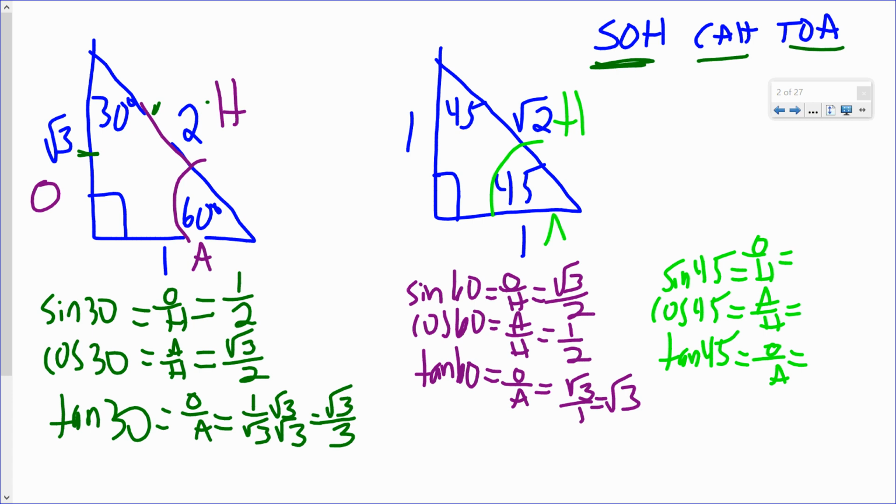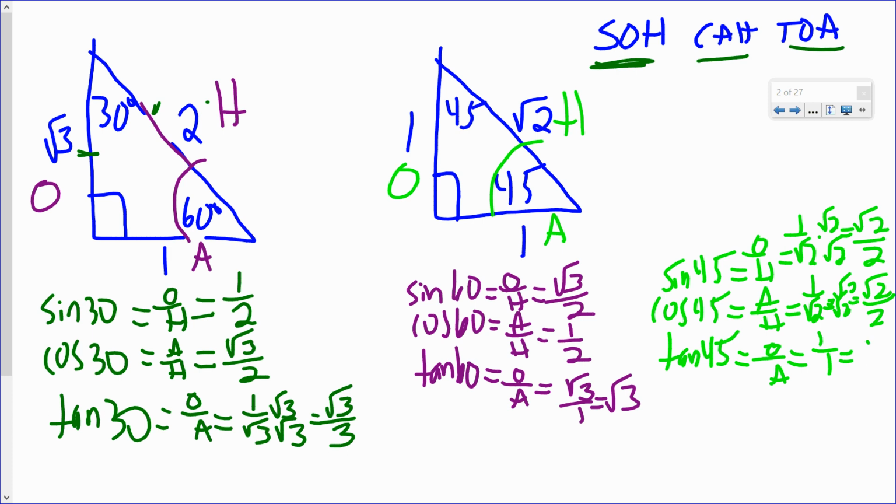That's my H, that's my A, that's my O. So O over H is 1 over rad 2. Remember, we don't want a radical in the denominator. So if I multiply top and bottom by rad 2, I get rad 2 over 2. A over H is also 1 over rad 2, which, if I do the same thing, I again end up with rad 2 over 2. O over A is 1 over 1, which is just 1.